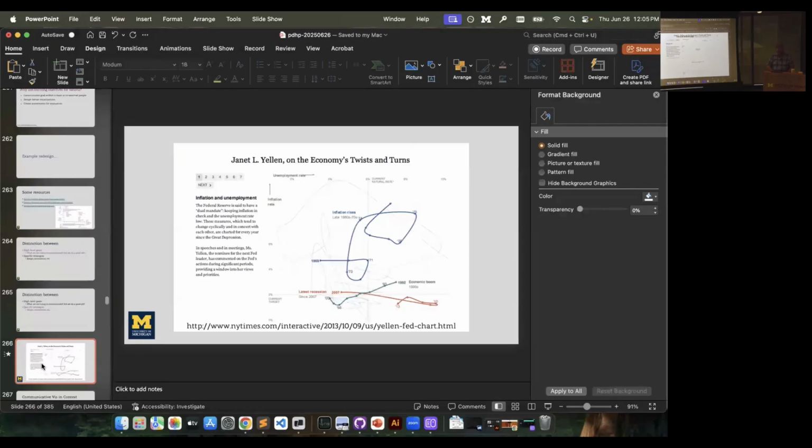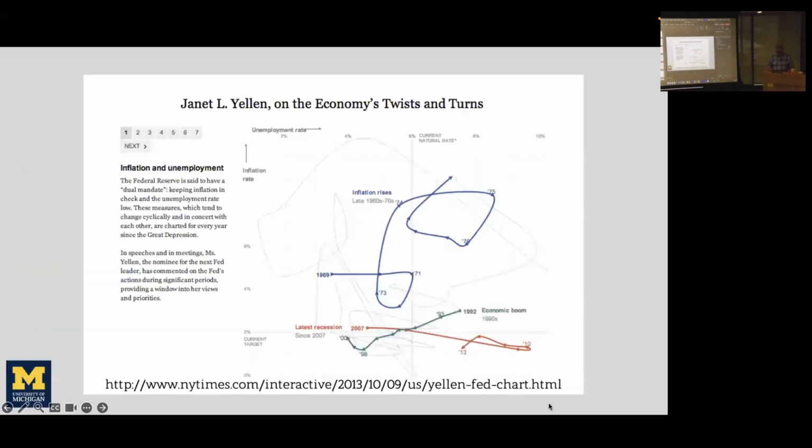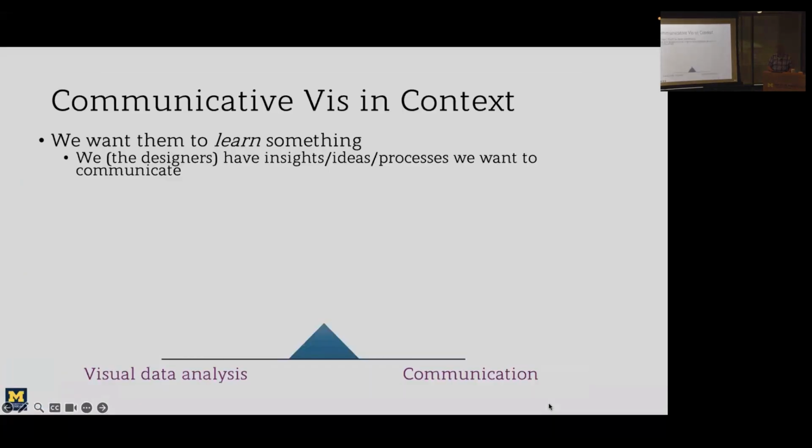So this will connect to an idea of how much babysitting we want to do when our viewer is looking at a visualization. There are different kinds of extremes. When you're doing visual data analysis, you're an analyst, you're an expert. I don't want to tell you too much, right?